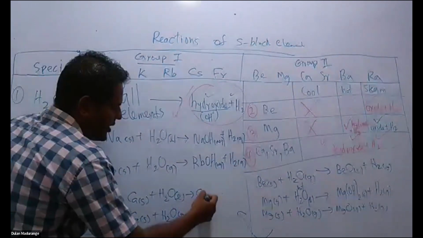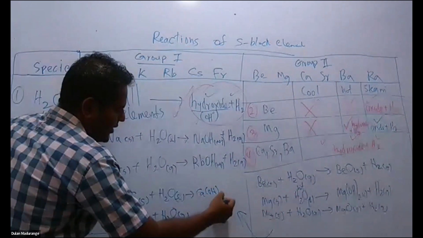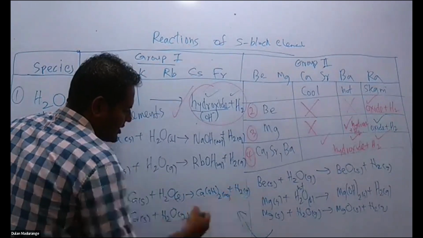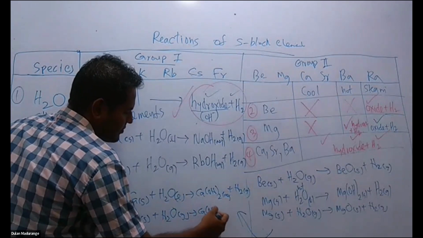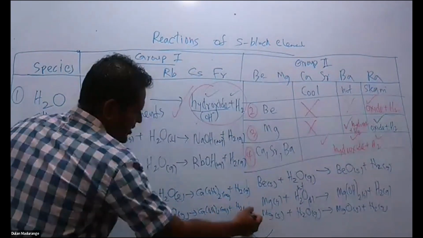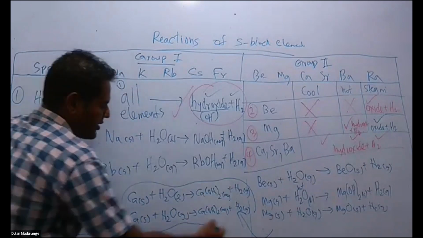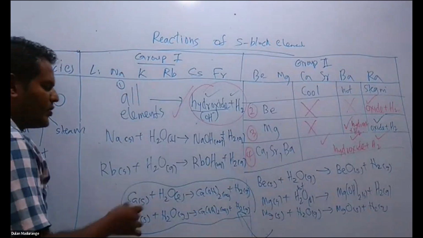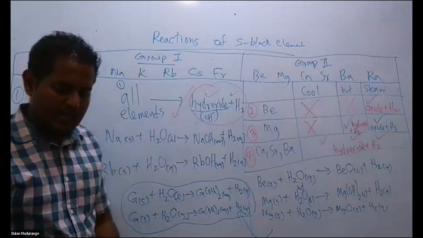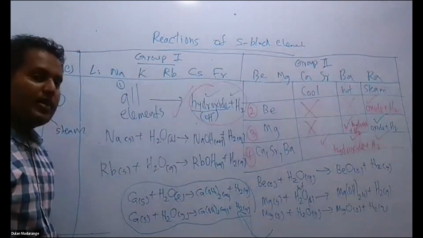We should say that it is calcium hydroxide plus H2. Is it clear? That is very important to understand. When you consider calcium with H2O liquid and H2O gas, they form hydroxide plus H2.